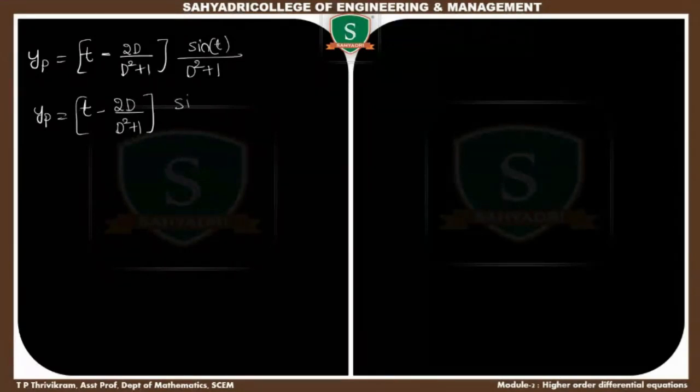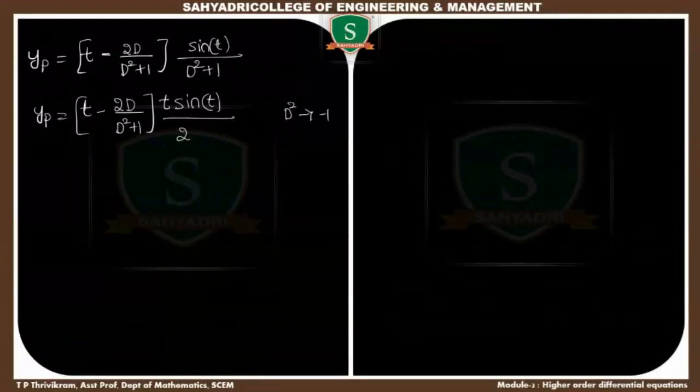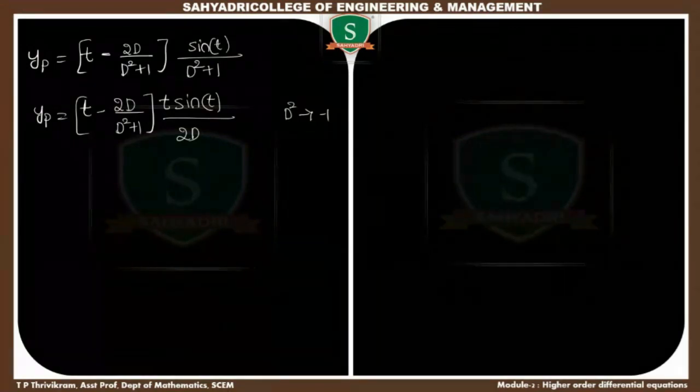So apply type 2 method here. That means d square must be replaced with minus 1. Okay, so if you apply minus 1, what happens? 0. So you are getting 0. So when you get 0, what we need to do? Multiply t. T into 2d you will get. In the denominator we need to do differentiation.